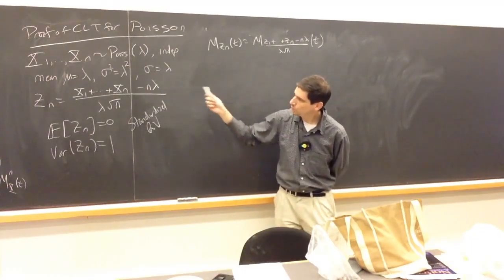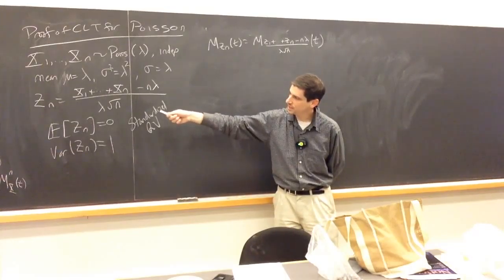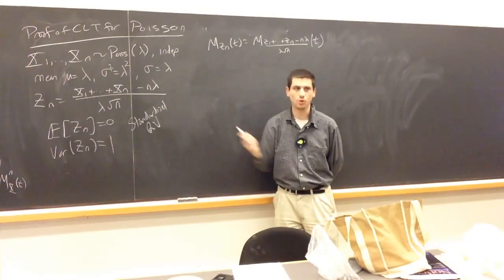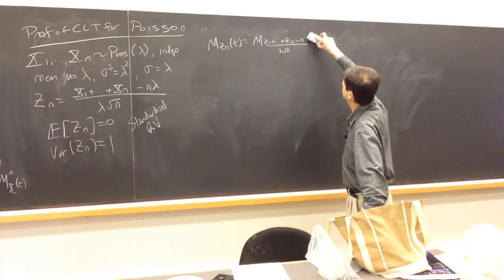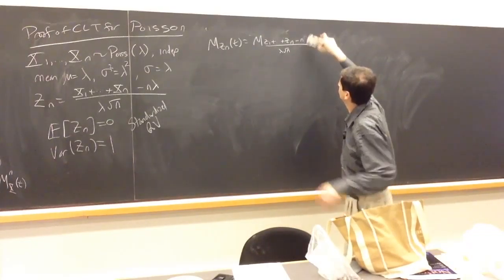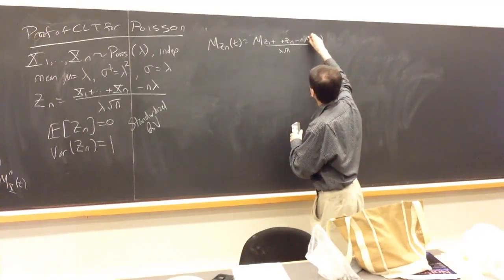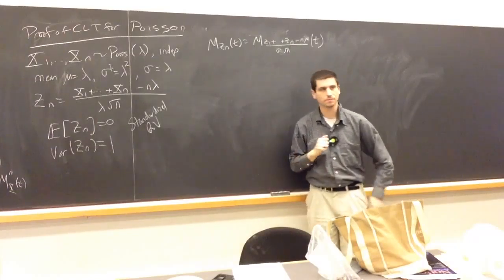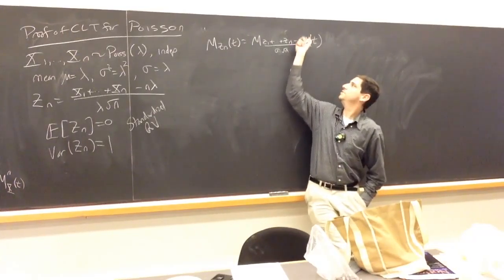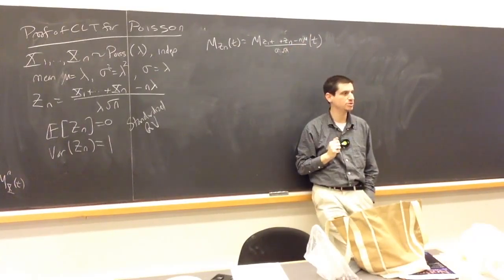what I'm going to do is use one of my properties, property 1. And actually, I'm going to replace lambda here with mu and lambda here with sigma. We know that mu and sigma happen to be equal to lambda.